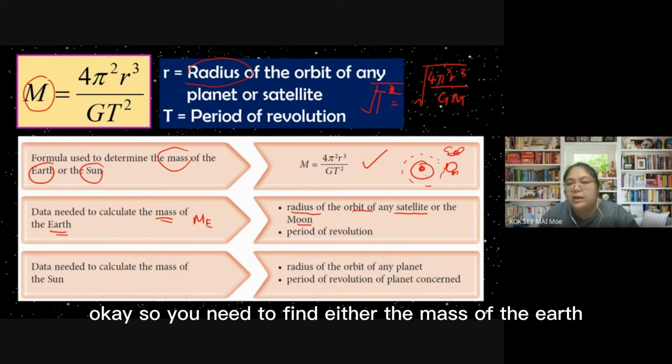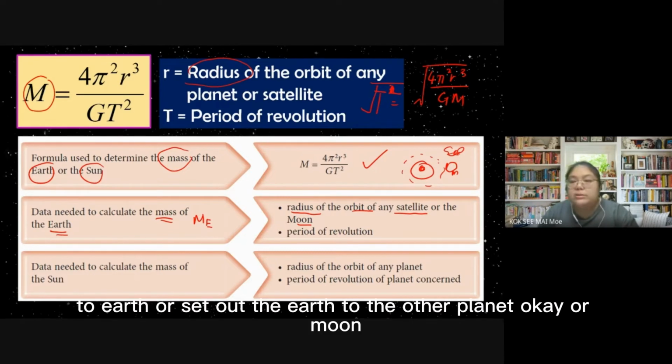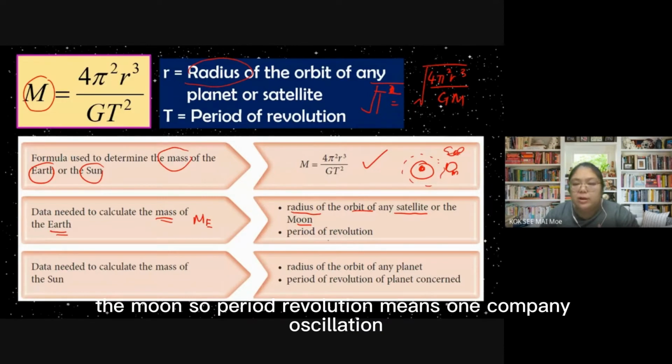So you need the radius from the satellite to the Earth, or the Earth to the moon. Normally it is the Earth with the satellite and the moon. The period of revolution means one complete oscillation.